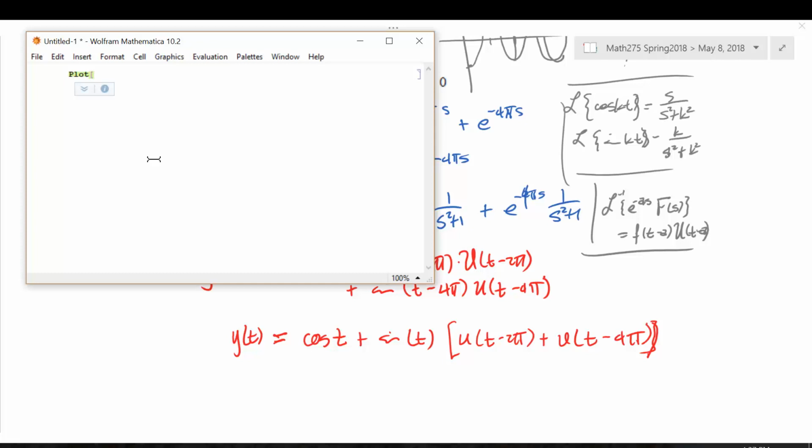So let's just do this cosine of t. What's going on here? What's happening? Plus sine. These weird things keep popping up. Unit step.